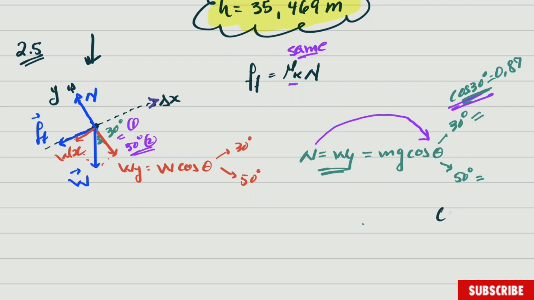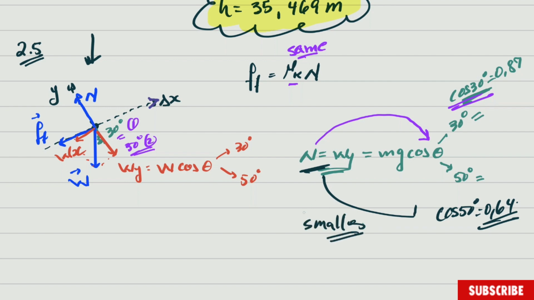And here with the new scenario it will be cos of 50 degrees, which is 0.64. As you can see, the cos of 50 is smaller than the cos of 30, and therefore the normal now with the new scenario is going to be smaller, and therefore the frictional force is also going to be smaller.